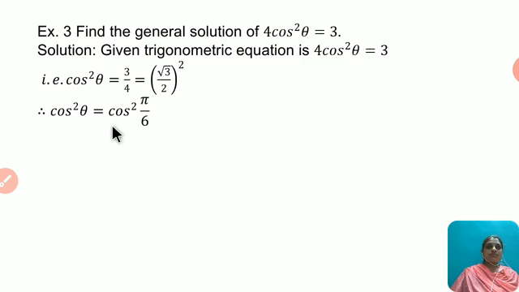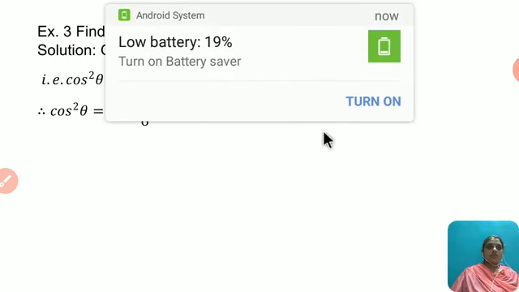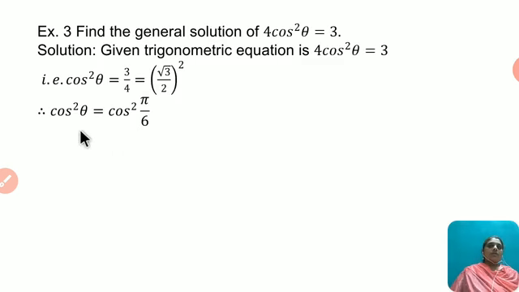Now we get it is of the form cos square theta is equal to cos square alpha, and we know here theta as theta and alpha as pi by 6, and we know the general solution of cos square theta is equal to cos square alpha.